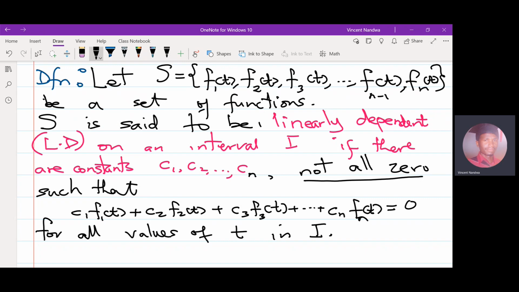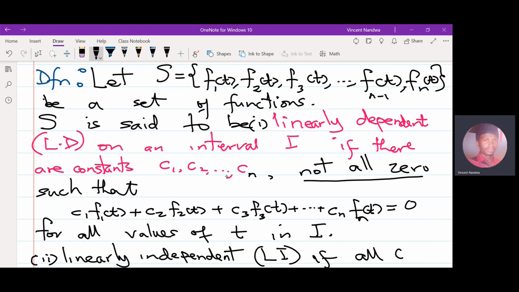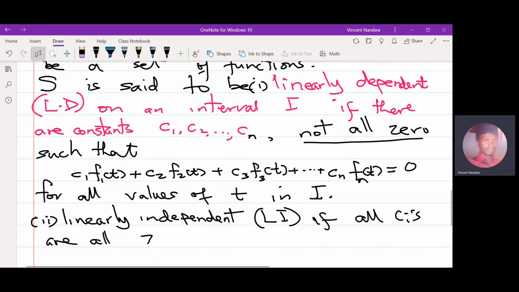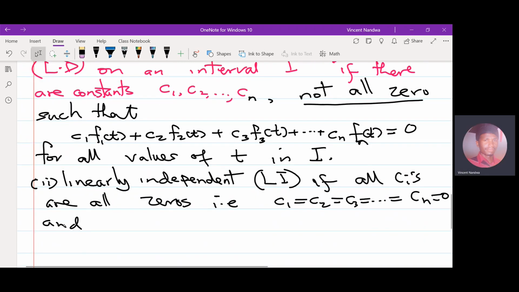So the functions are linearly independent if all the Ci's are zeros, i.e. C1 equals C2 equals C3 equals Cn equals 0, and this equation is satisfied.